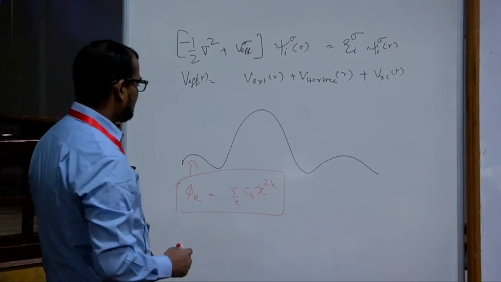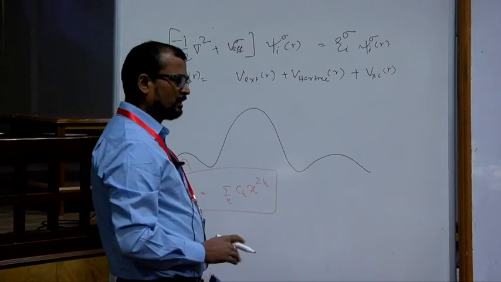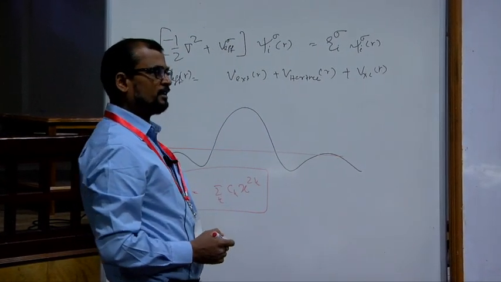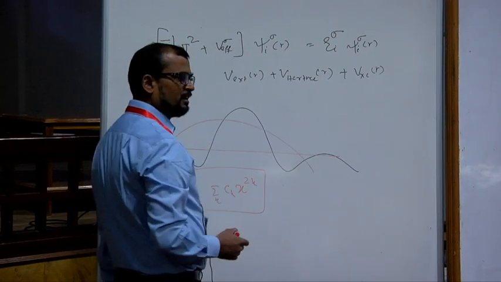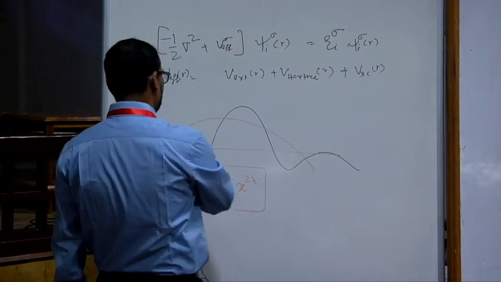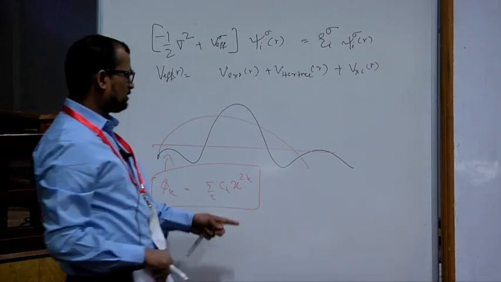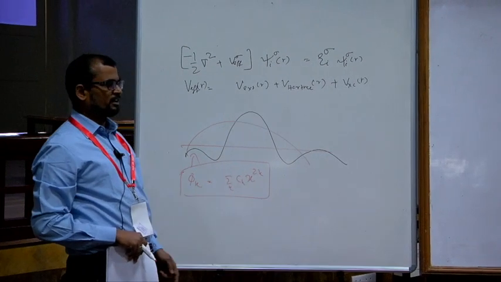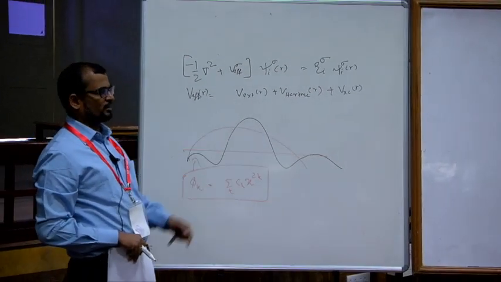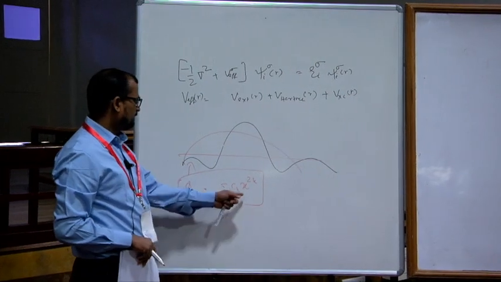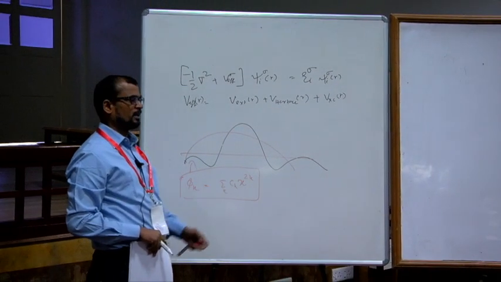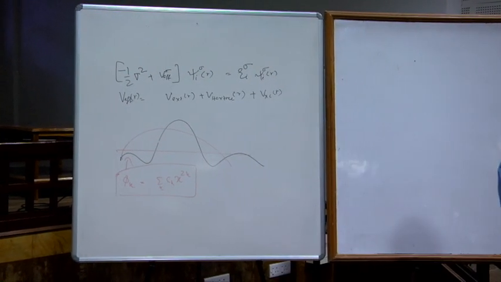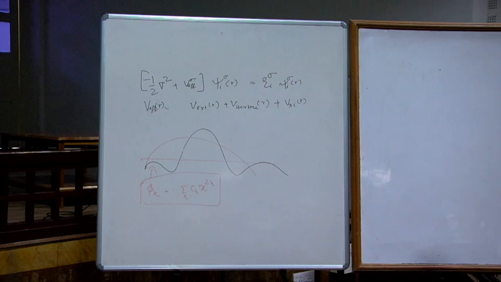Take k equal to 0, then this is basically a constant. K equal to 1, you get a parabola. Then k equal to 2, you get different curves. So depending on the coefficients c_k, some of these states together can form the black curve. So we can say that this collection of polynomials x to the power 2k forms the basis for this function. That is the preliminary explanation.